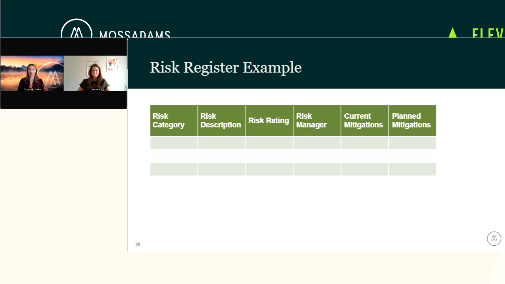It also lists who the risk manager or the owner is, what's currently being done to mitigate that risk, and what's planned to be done in the future to be able to mitigate that risk as well. So you can have risk managers or risk owners update these areas. Again, it's usually once a quarter, so that you're able to report on progress and see what else is influencing each potential risk area.